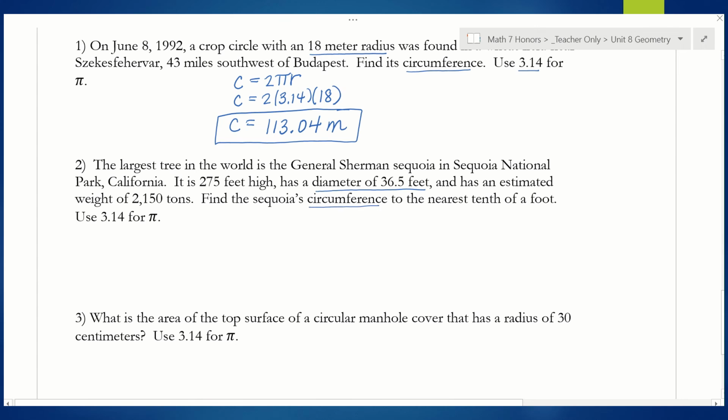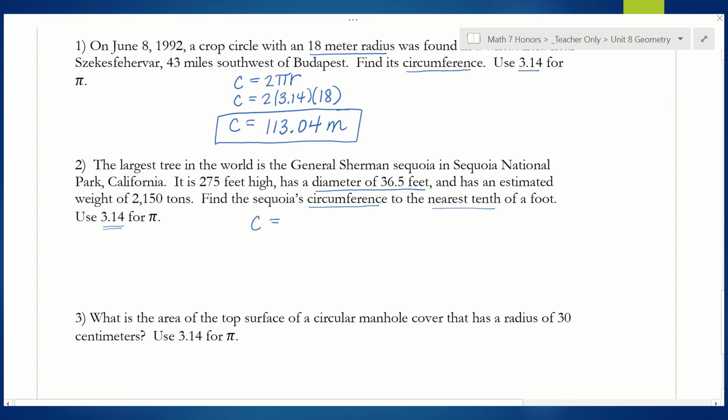Now this is a little bit confusing because it says to the nearest tenth, but it also tells you to use 3.14. So what that means to me is that we're going to use 3.14 in our formula, but then that answer we're going to round to the nearest tenth. If it didn't say to use 3.14 for pi, we would have used the pi key because of that rounding direction there.